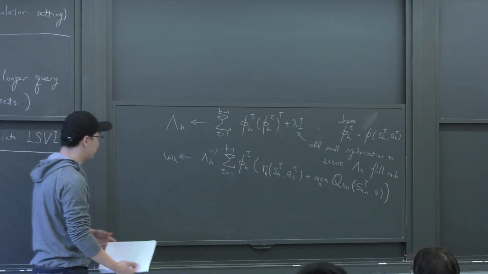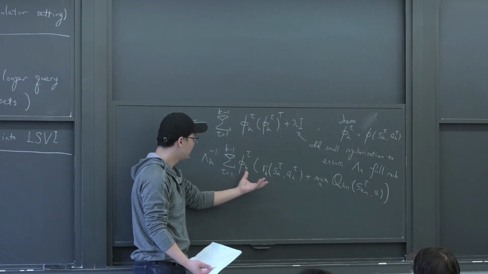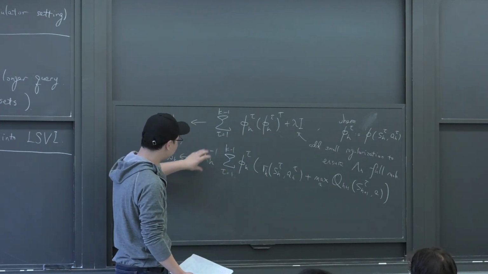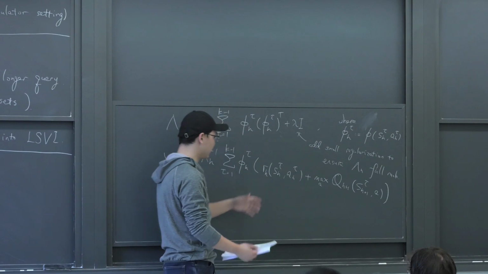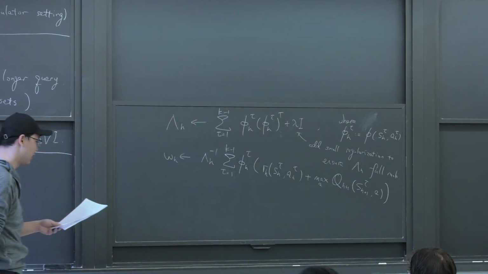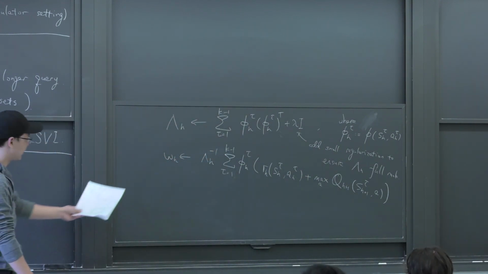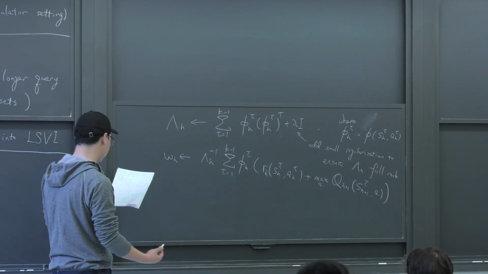This is precisely the solution of least square value iteration. That is, we have this Gram matrix inverse and then the remaining term. If you still remember how we derived the least square, this is how we calculate the weights. So nothing fancy so far.